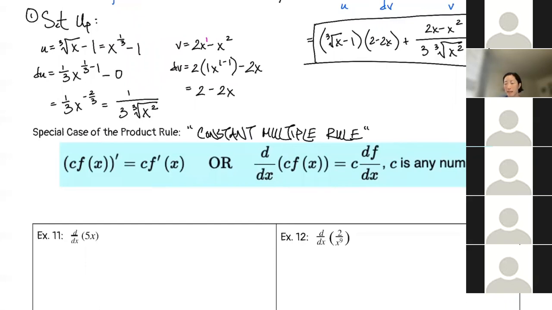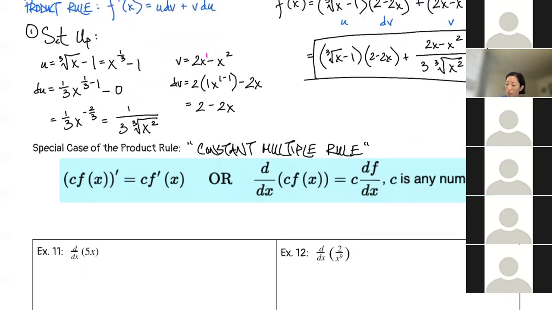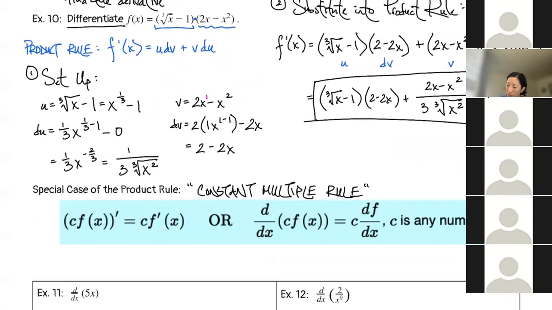And I think we have already seen this rule, but what makes it so special is that we're not multiplying two different functions, like something with an x, something else with an x. It turns out that we are multiplying a number and a function, a number times a function, okay?